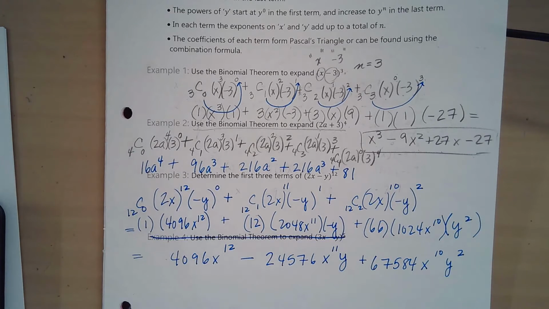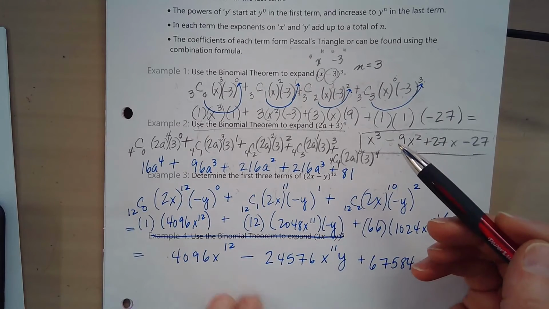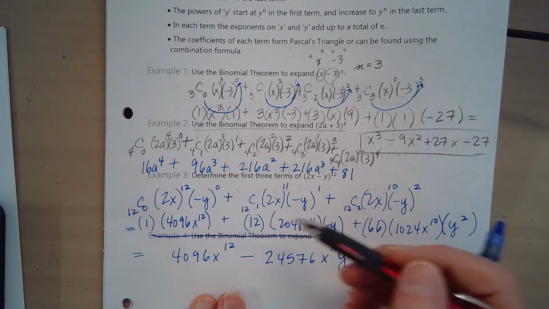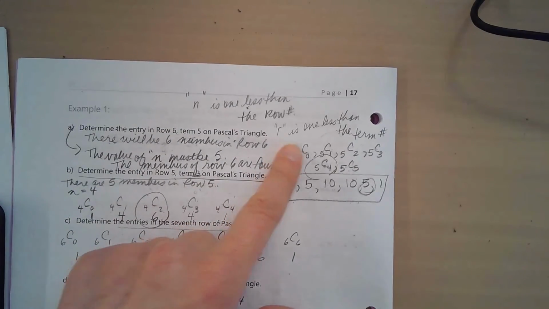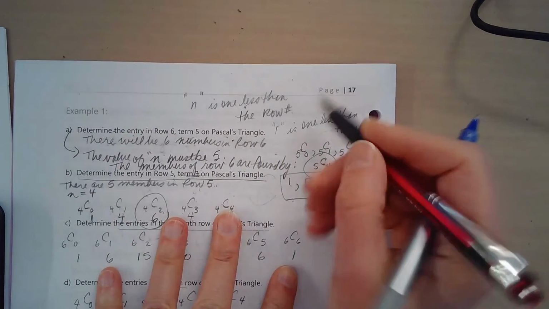Now, something I wanted you to notice too, I'm just going to highlight here. Again, similar to the term number, remember that when I'm looking for the term number, what we discussed over here, R is 1 less than the term number.